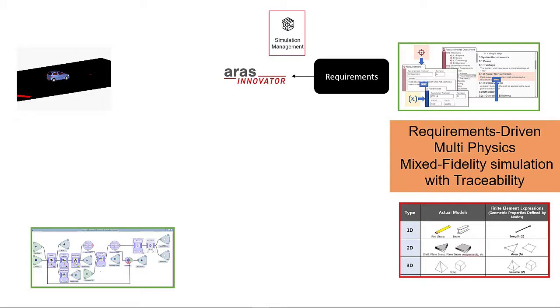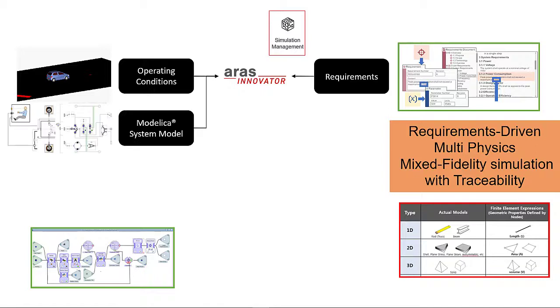We build up the first system architecture, and then a very simple simulation model based on MATLAB or Simulink or Modelica. There's no concrete geometry, but we are able to test on the first level. Maybe we are only able to test 40, 50, 60% of the functionality of the car, but we are able to test it.